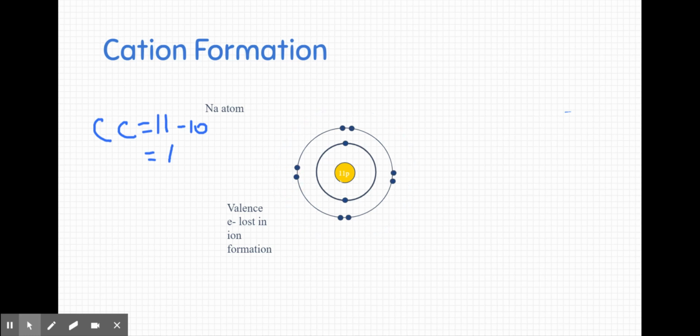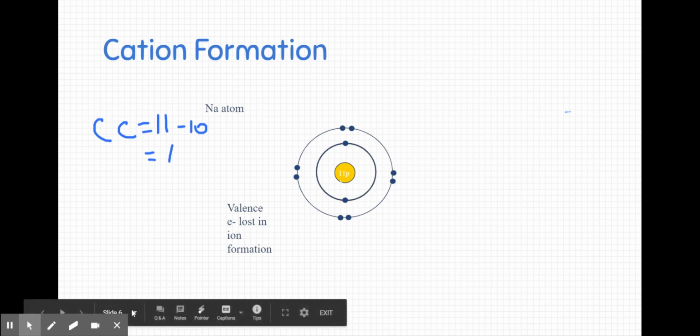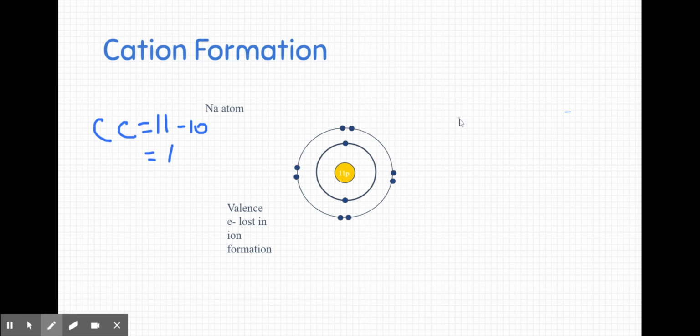And now what used to be an inner shell of electrons is now the outer shell of electrons. So now let's calculate the new core charge for the ion. So the protons have not changed at all. We still have 11 protons. But now we only have 2 inner electrons.